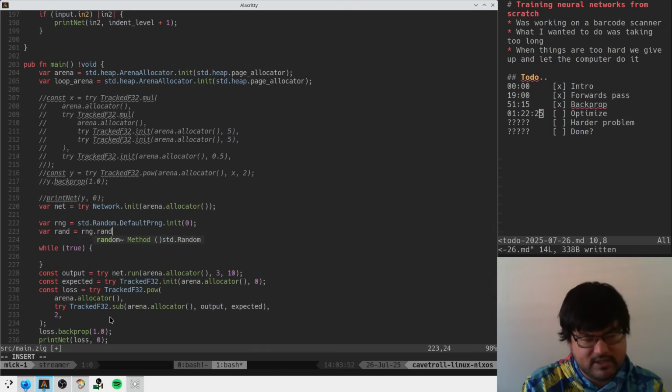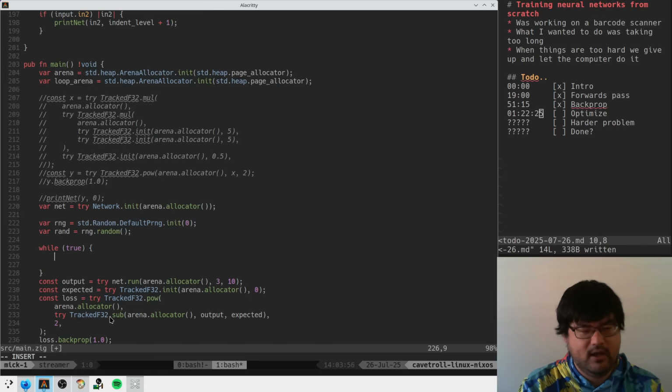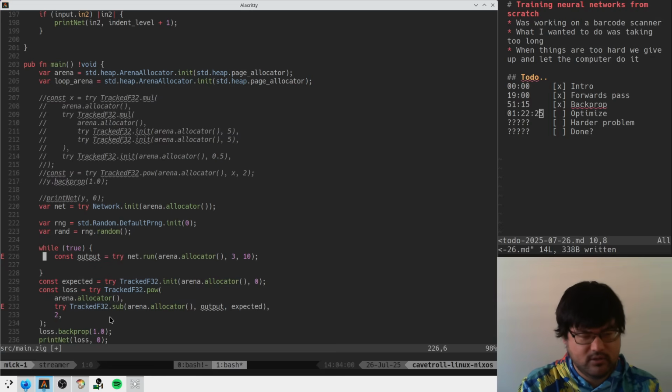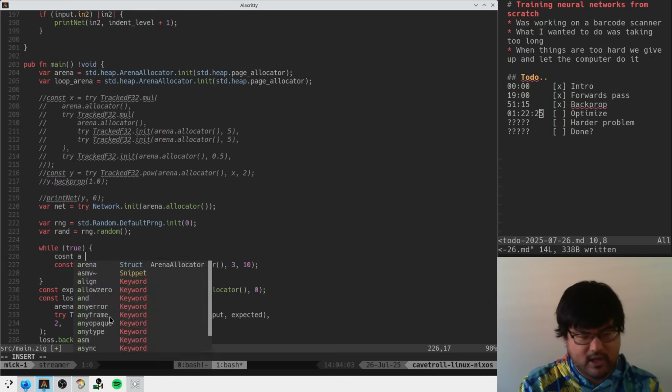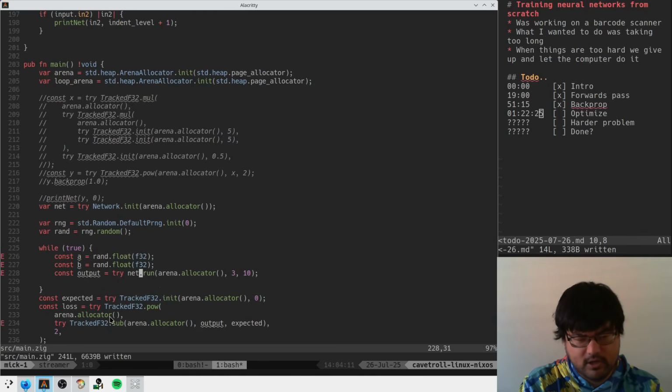We pull up the random interface here, and on each iteration of the loop, we say, let's run this with A and B, right? So A is a random float, B is a random float, and we're going to throw A and B in there.